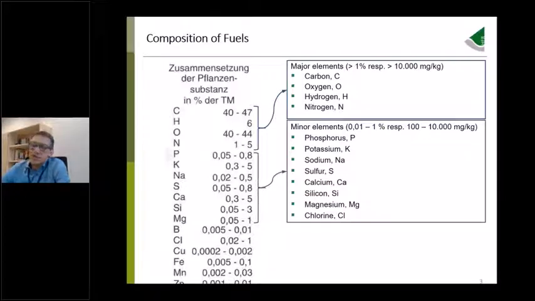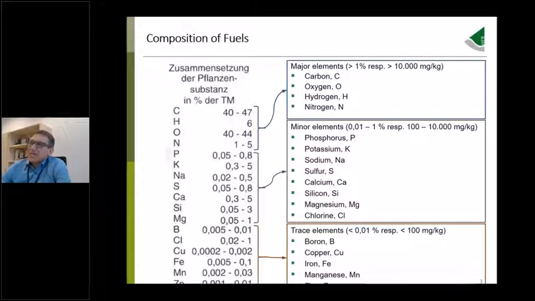From a combustion point of view, those minor elements are rather ash forming elements. They determine the total amount of ash and the composition of ash. Besides those major and minor elements, we also know trace elements.